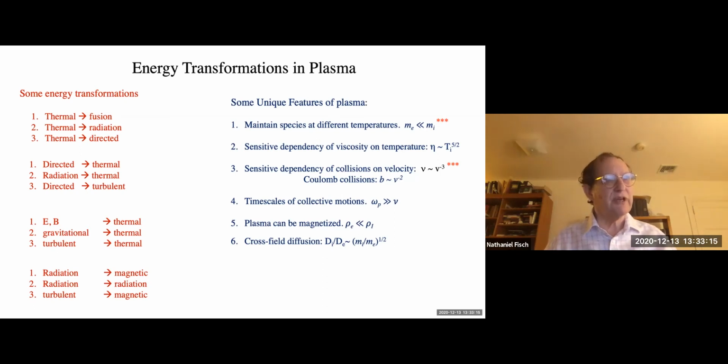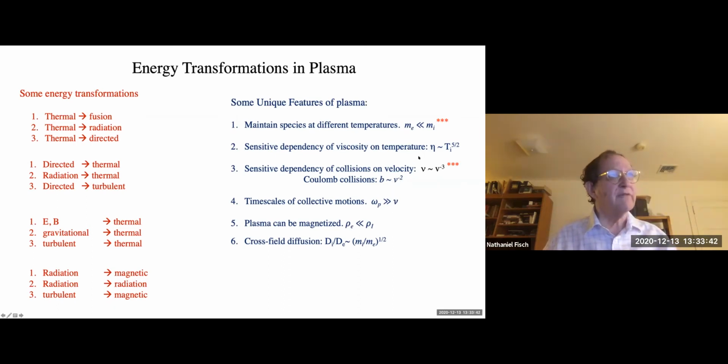So that means that the cross-section goes as 1 over the velocity squared, and the collision cross-section goes as 1 over the velocity to the 4th power. You can almost derive all the interesting sensitivities from these 2 points: the Coulomb collision cross-section is unusual, and the species have a very large mass difference.